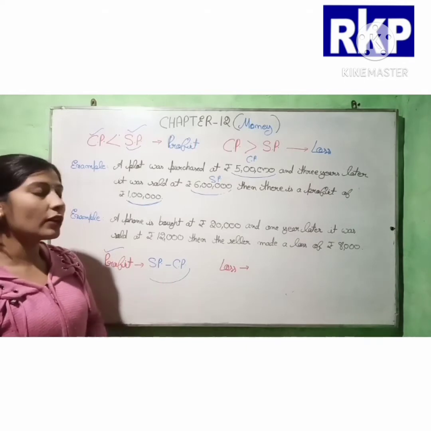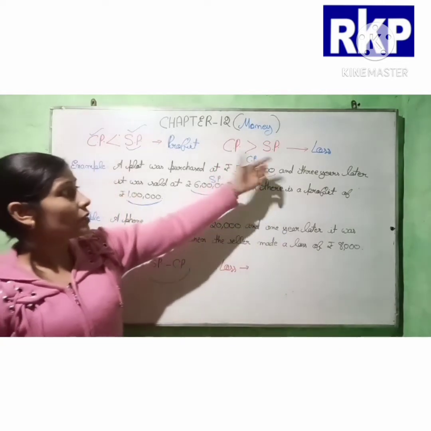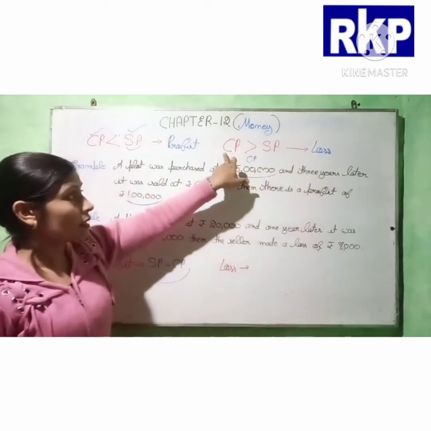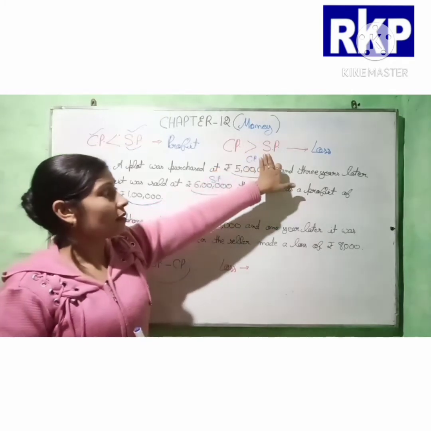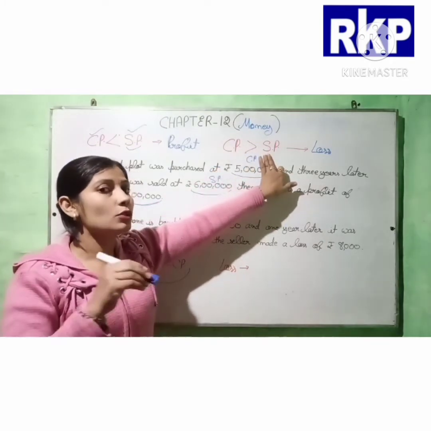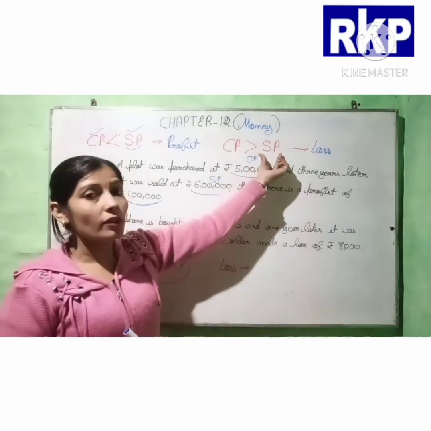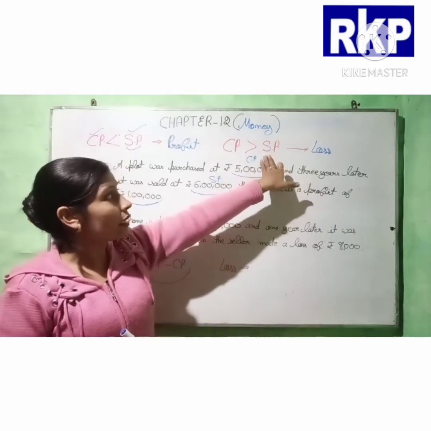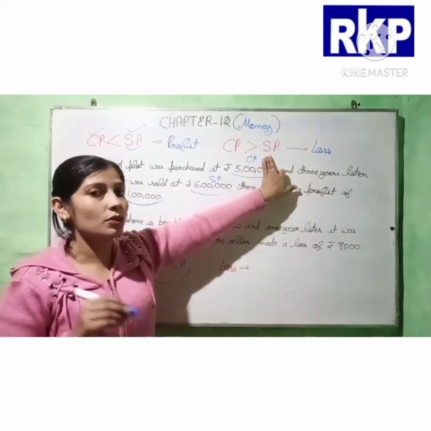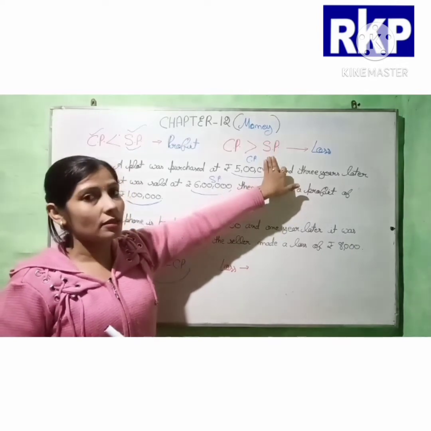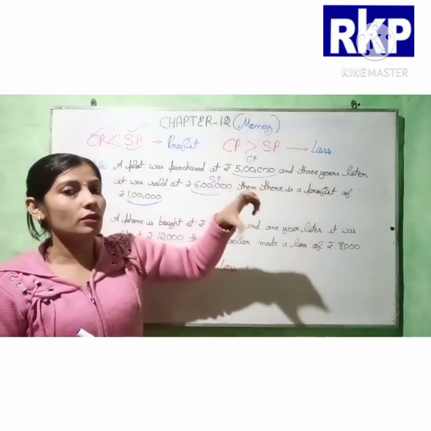And how can we find the loss? Yes, in the case of loss, CP, meaning cost price, will be greater than selling price. So here, beta, we have to subtract the smaller value, and the smaller value is selling price. So we have to subtract selling price from cost price to find out loss.